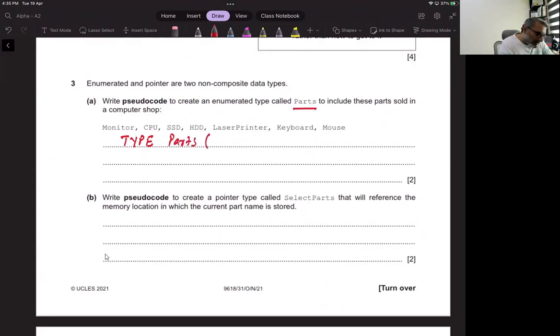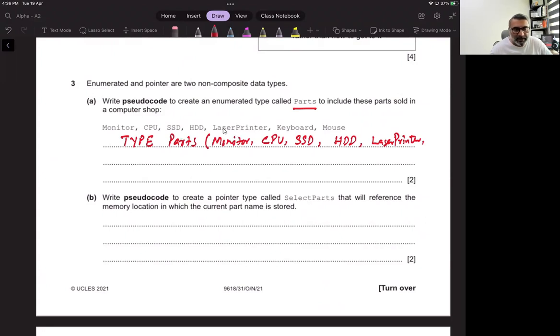We start bracket and we will put all these: monitor, CPU. These values are not of any type, they are just the values. So that is why we don't put any double quotation or anything. Remember that. SSD, HDD, laser printer. And try to notice that these values, if they have got two words like this laser printer, they haven't left any space in it.